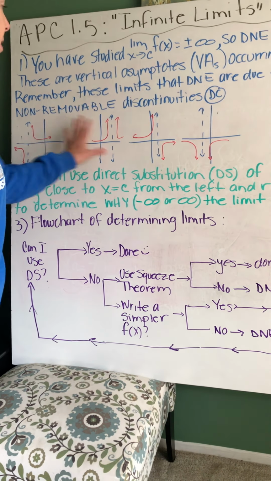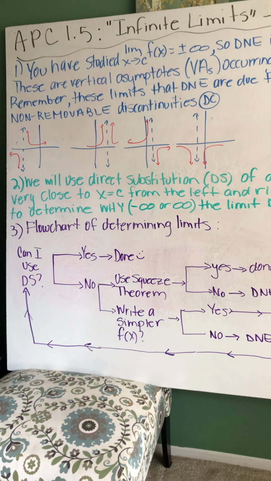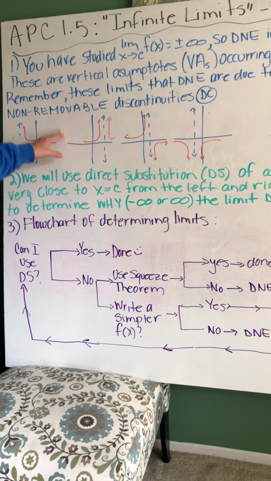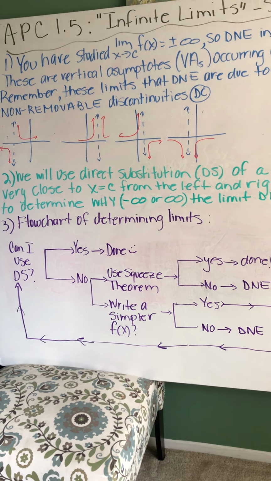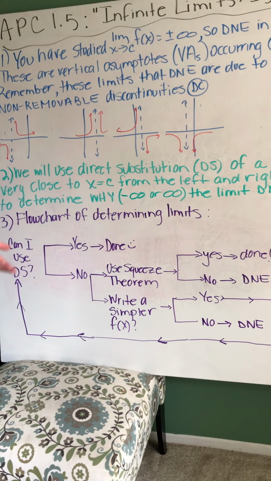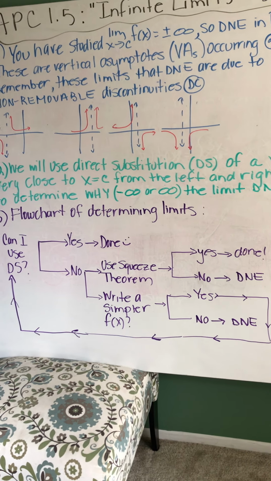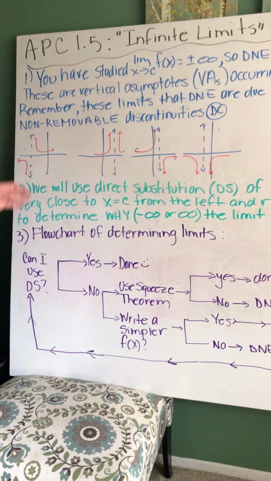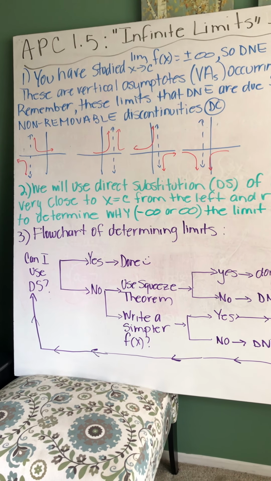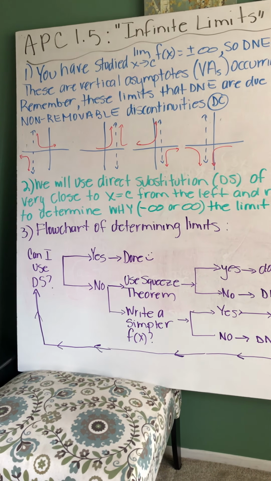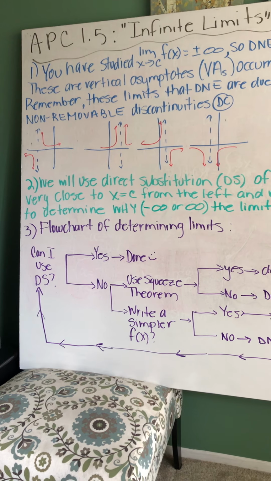Remember, these limits that create vertical asymptotes that do not exist are due to being non-removable discontinuities. If you remember, we have two other discontinuities that we're not looking at here. That is a removable discontinuity, which creates an open point on a graph. Notice we don't have that here. And also jump discontinuity, which is at an x, the y value jumps between two, usually in a piecewise function.